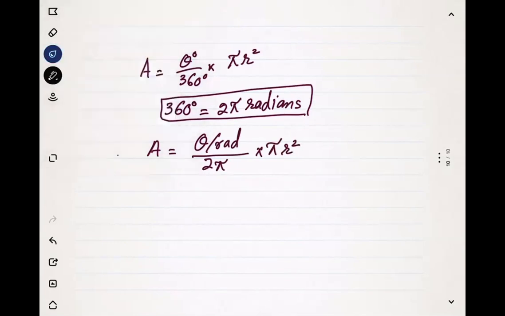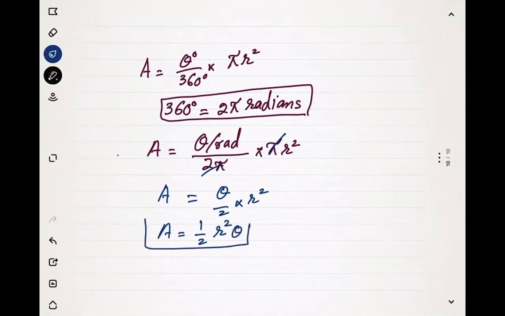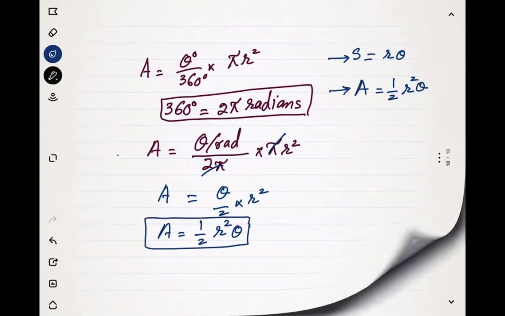So pi cancels out with pi, and the remaining area is theta over 2 into r square. So area becomes 1 over 2 r square theta. This is the formula for area of sector. So arc length is r theta and area of sector is 1 over 2 r square theta. Using these formulae, we can find the units and base units.